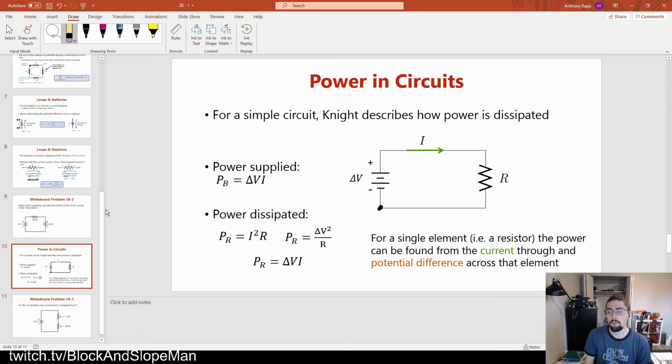Well, any power that the battery supplies that gets used up is dissipated somewhere else in the circuit. And this is exactly what happens with, think about the one big resistor that everybody has, the stovetop. That stovetop is just a really big low resistance resistor. It's got a wall socket instead of a battery, but it's the same idea, right? It's a potential difference being applied. There's a resistor, and how does it dissipate that energy?